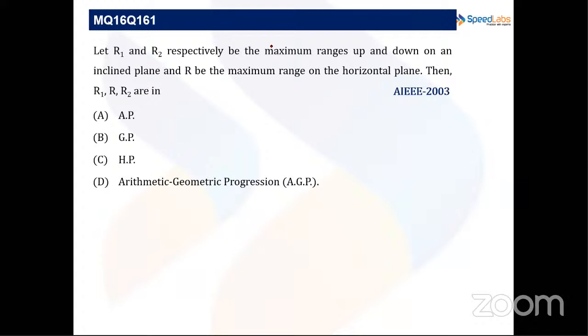So we are given that theta, R1 and R2 are respectively the maximum range up and down on an inclined plane, and R is the maximum range on a horizontal plane. Then R1, R and R2 are... For an inclined plane of inclination theta, the maximum range up the incline is u square upon g(1 plus sine theta).